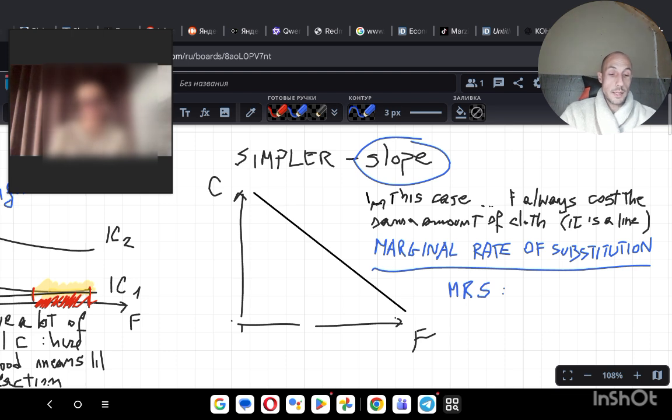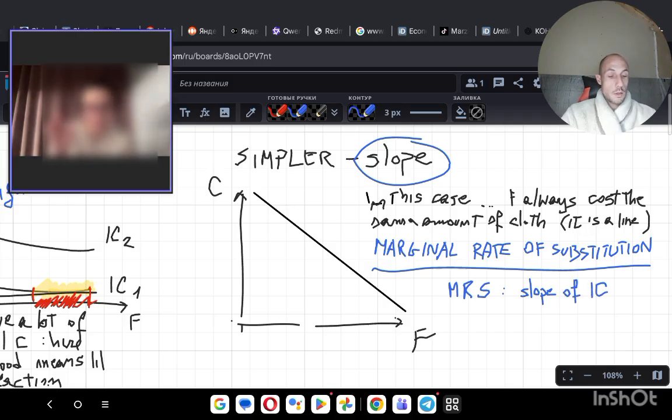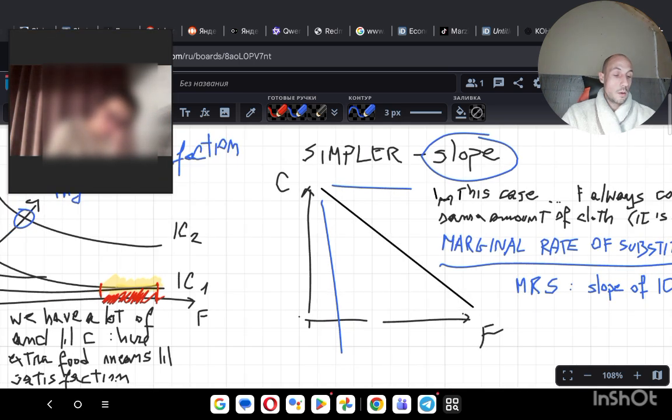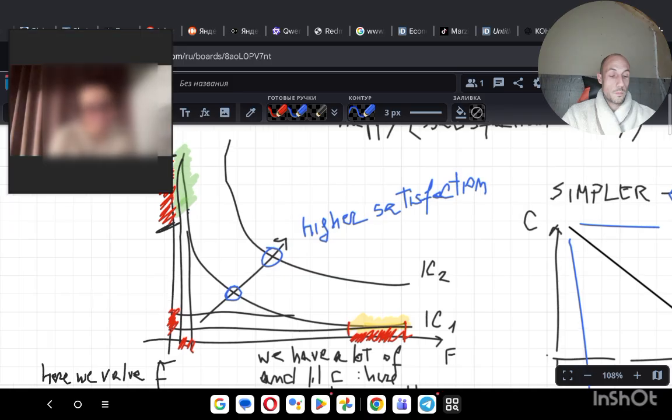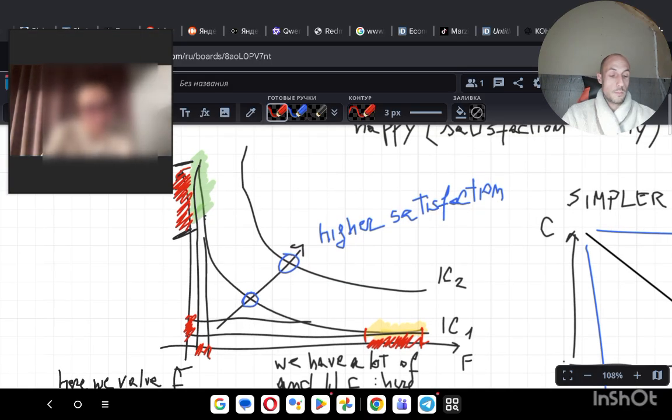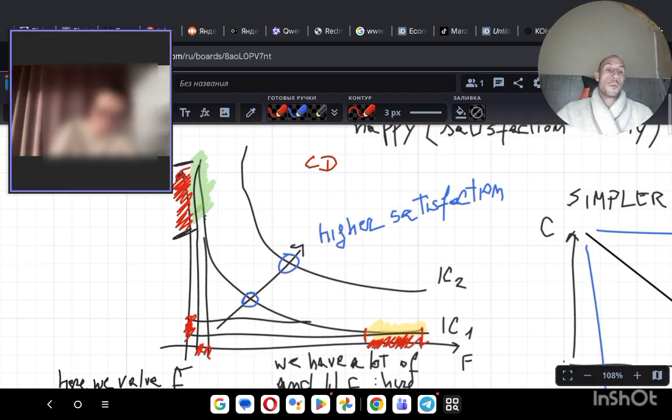So the slope of the IC, and let's call it instant slope, and I will get into math a little bit, is how many units of clothes are you willing to trade for one more unit of food? Okay.